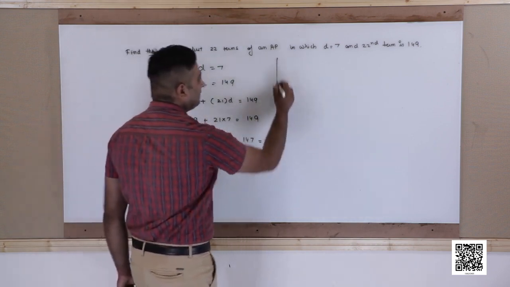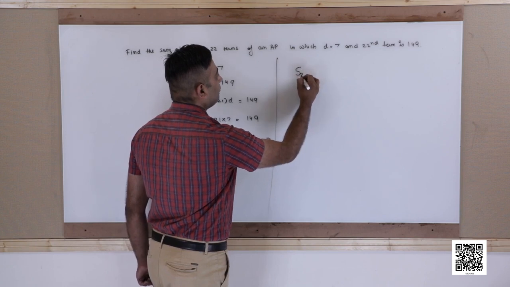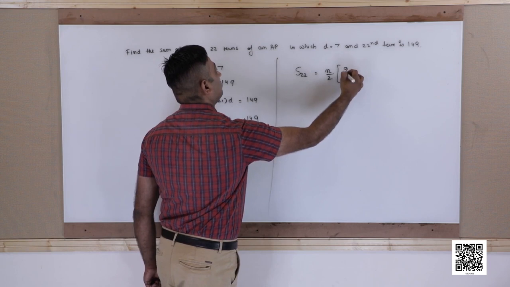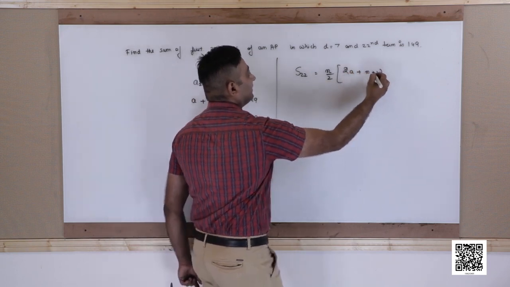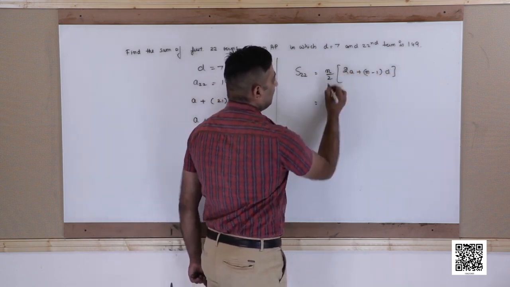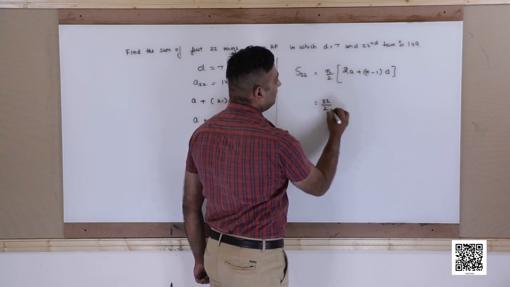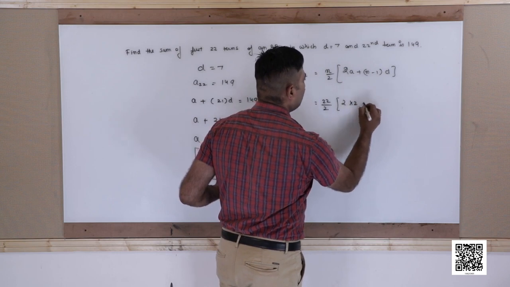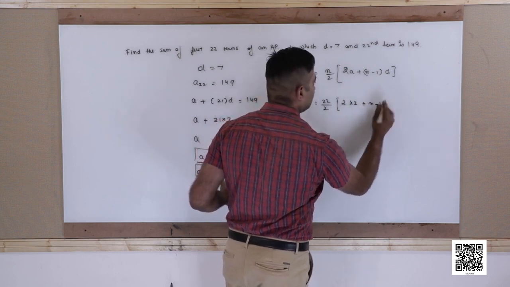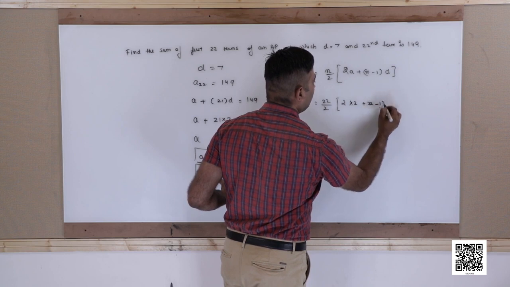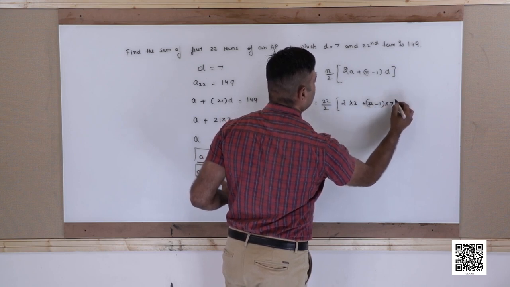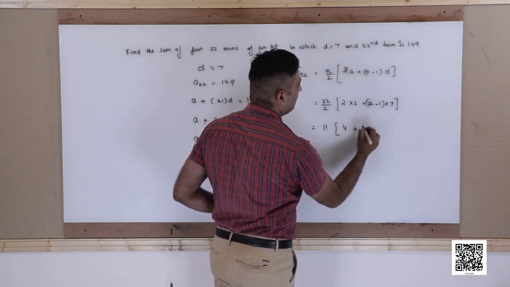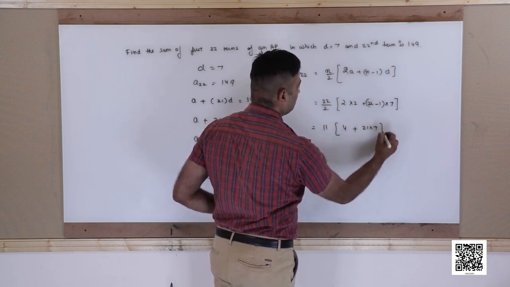Now we can find the sum of 22 terms of this AP, that is given by n by 2 (2a plus (n minus 1) into d). Now the value of n is 22 here, the value of a is 2 and the value of d is 7. That means 22 by 2, that is 11 into (4 plus 21 into 7).